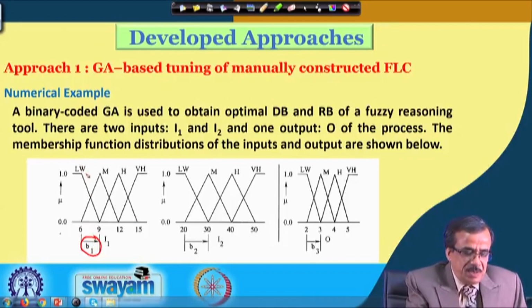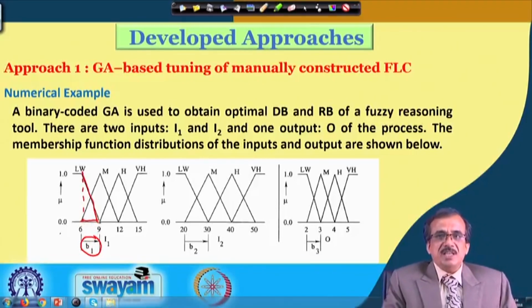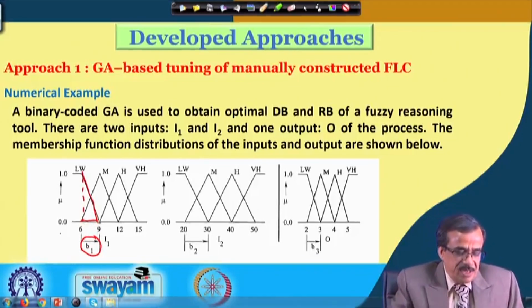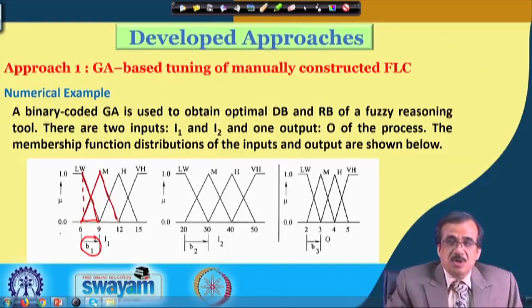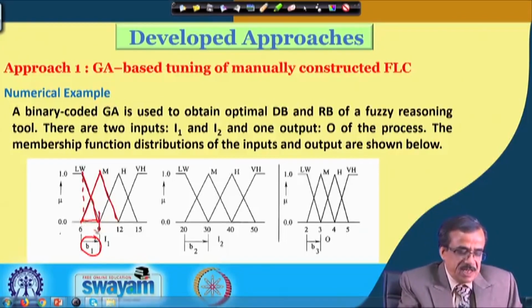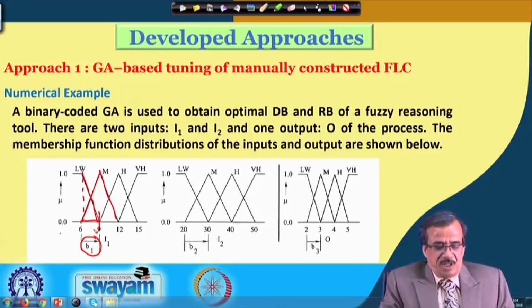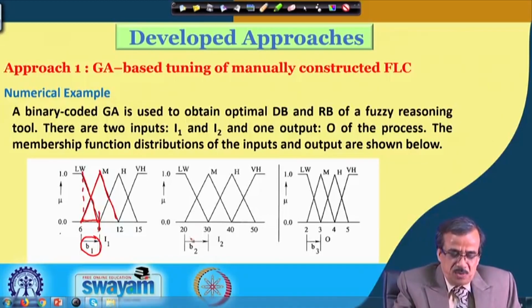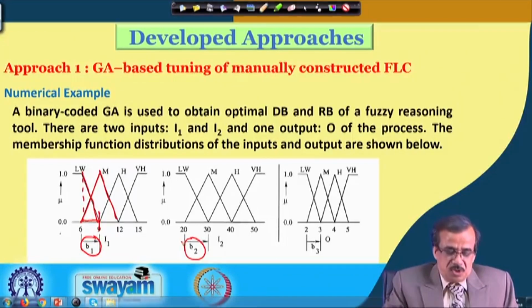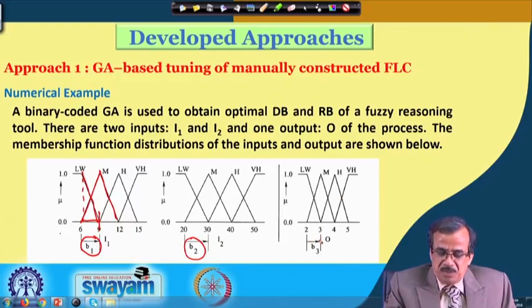For example, if it is a right angle triangle, this indicates the base width of this right angle triangle, and if it is an isosceles triangle, B 1 indicates the half base width of this isosceles triangle. Similarly, for this particular I 2, B 2 is actually the variable. So, B 2 could be large or it could be small. Similarly, for this particular output, B 3 could be the design variable.